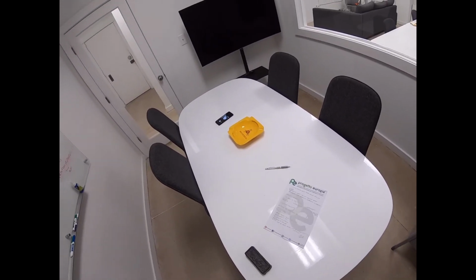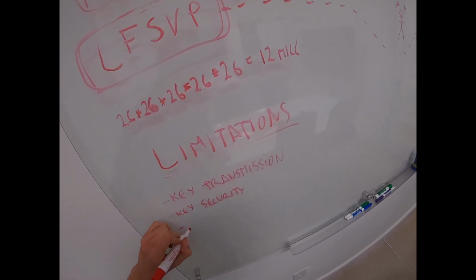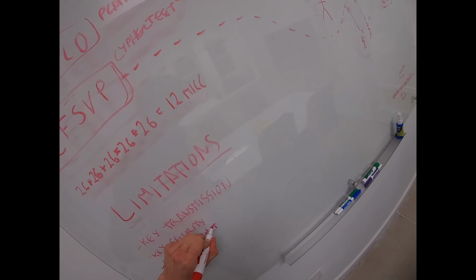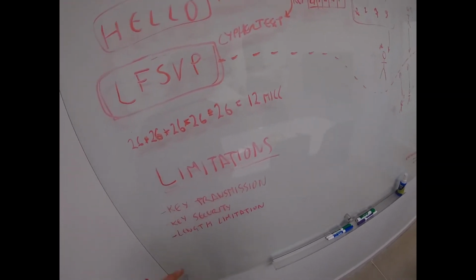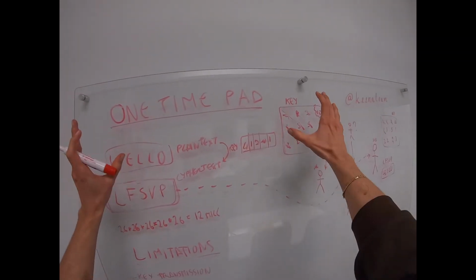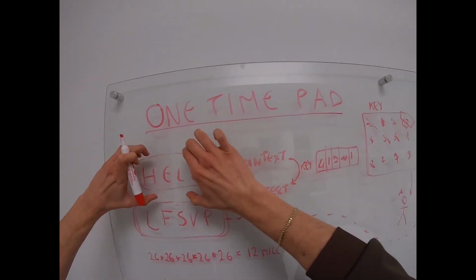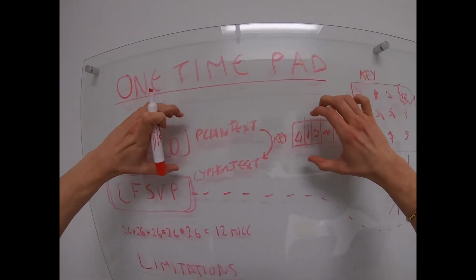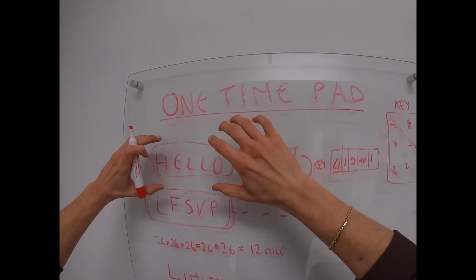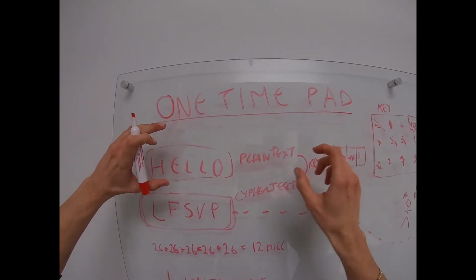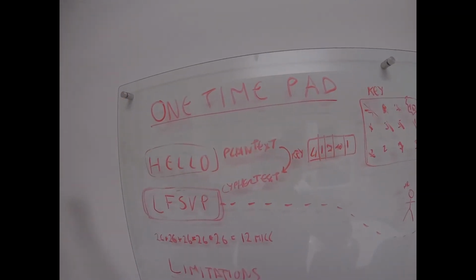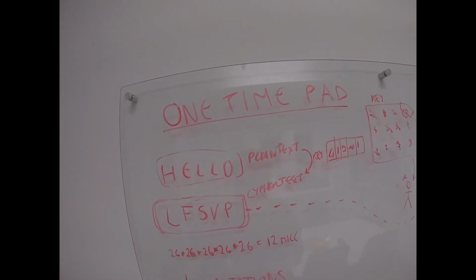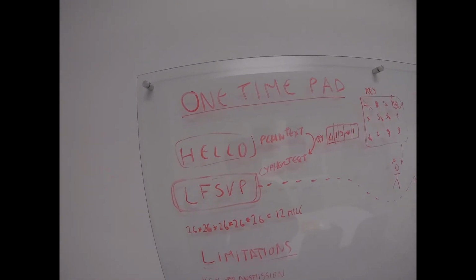The third limitation is the length limitation. As we saw here, to encrypt hello, we need a key of the same exact length, because if it's not the same length, I'm going to end up repeating and giving the attacker some basis to start cracking my ciphertext.